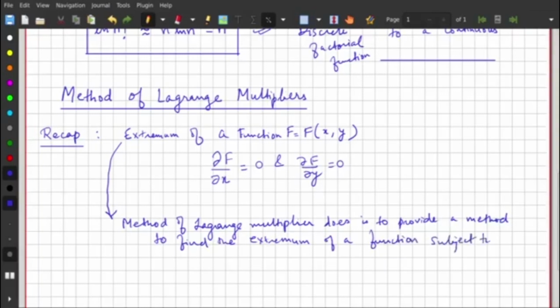Okay, subject to a constraint. So that's what the method is.